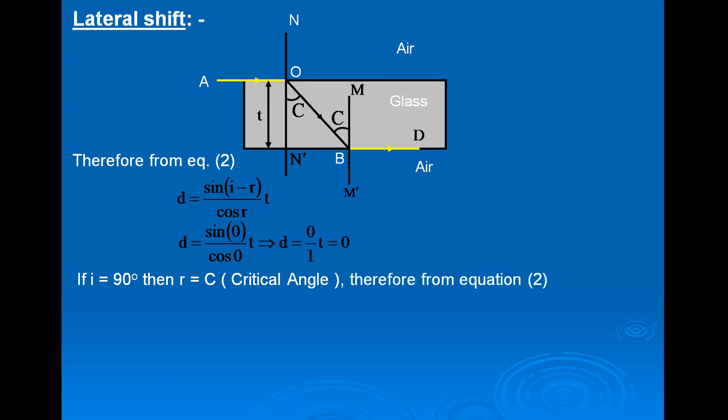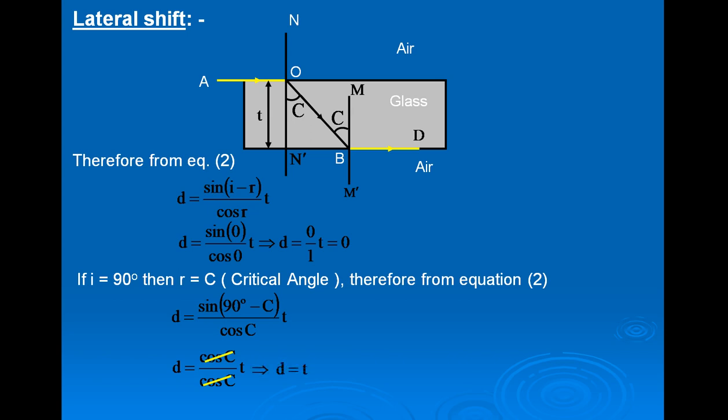Therefore, from question 2, D is equal to sin(90 minus C) upon cos C into T. Now because sin(90 minus theta) is equal to cos theta, therefore D is equal to cos C upon cos C into T. Cos C and cos C cancel each other.